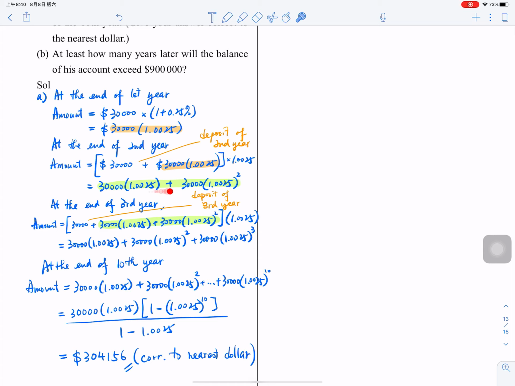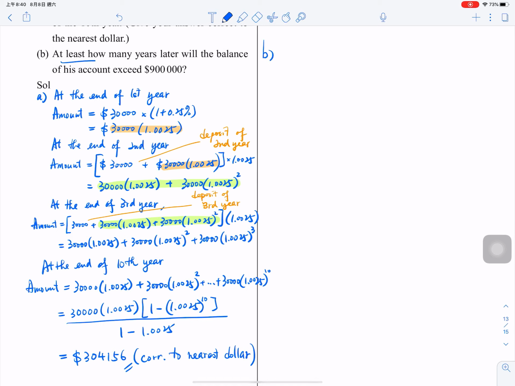Then look at these three different sums, that means the amount. And you found that this is a geometric series, right? So at the end, up to 10th year, make use of the formula and you can find the sum of the amount of the money.